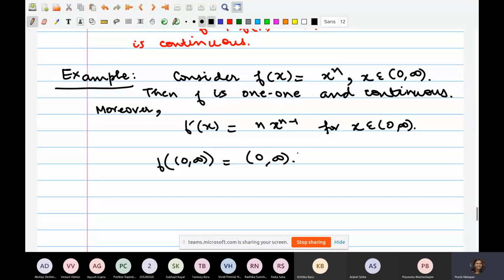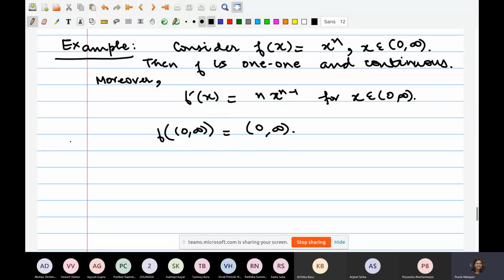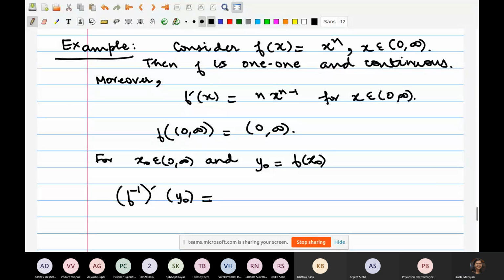So if I pick some point x naught in the interval 0 to infinity, and let's write y naught as its image under f, then I can apply this theorem to assert, first, that the inverse function is differentiable at the point y naught, and the derivative at y naught is given as the reciprocal of the derivative of f at x naught, which is n times x naught to the power n minus 1.